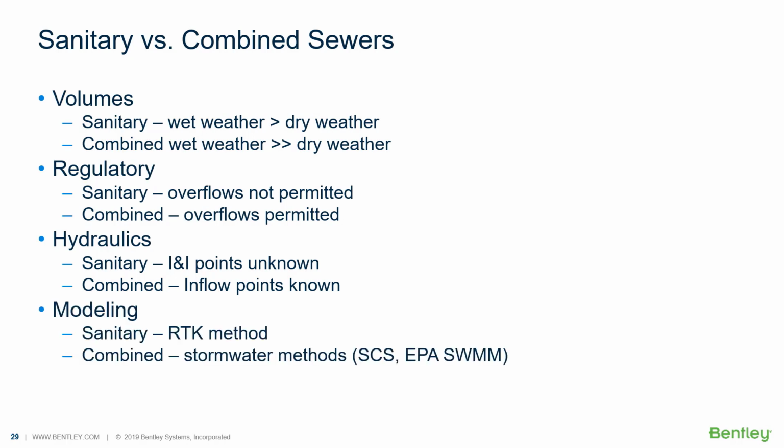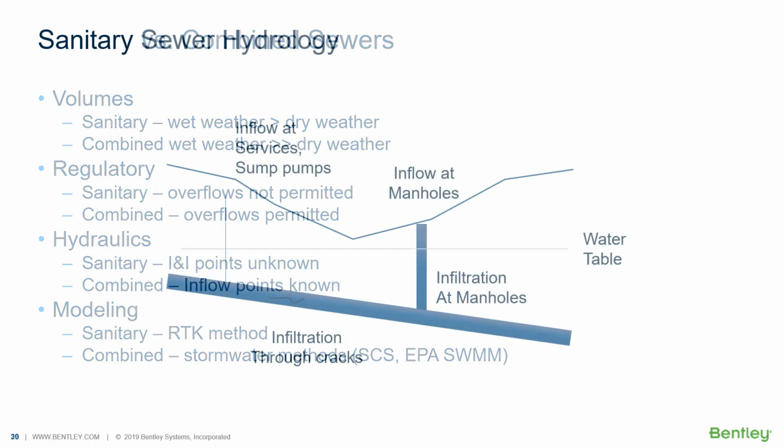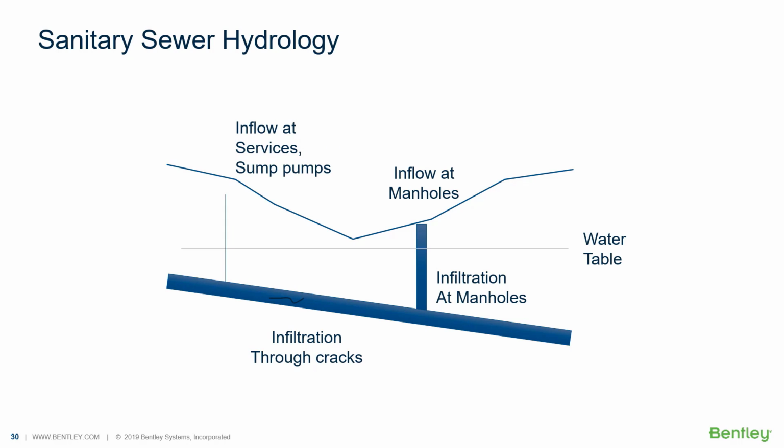And so in terms of modeling and model calibration, usually we rely on things like the RTK method, which I'll talk about coming up, for sanitary I&I. While in combined sewer systems, you've got a lot of methods available that are based on much more logical and sound hydrology. So let's look at sanitary sewer hydrology.